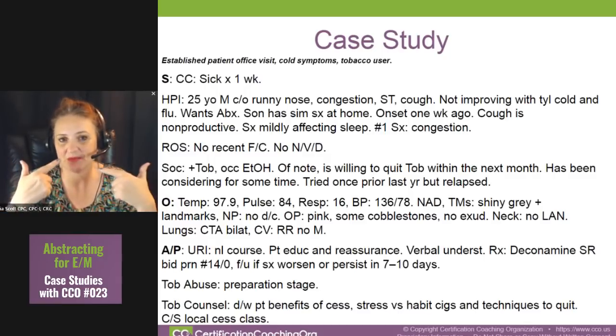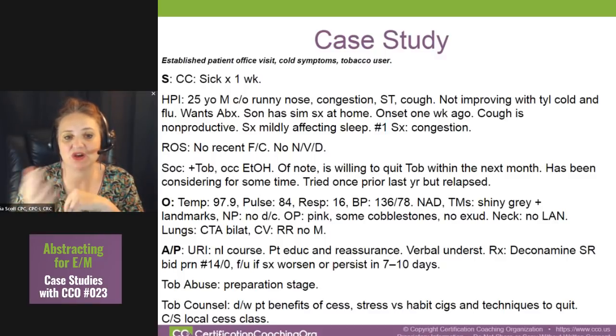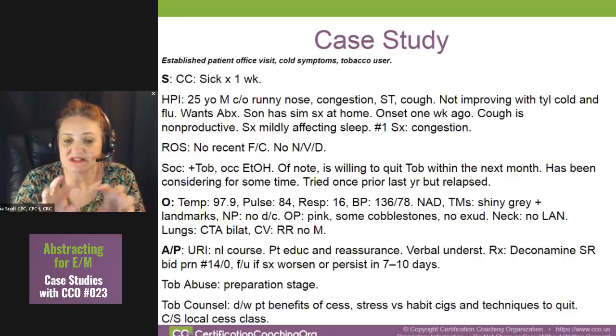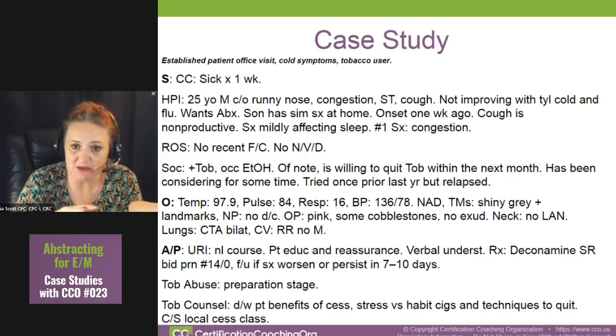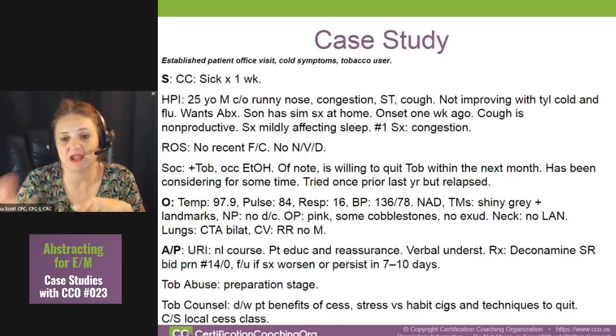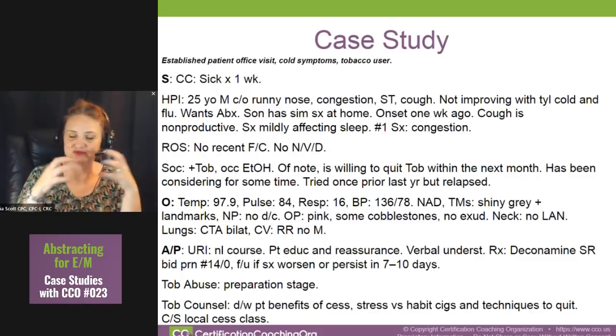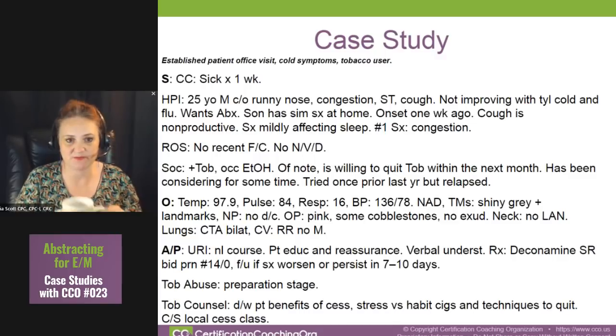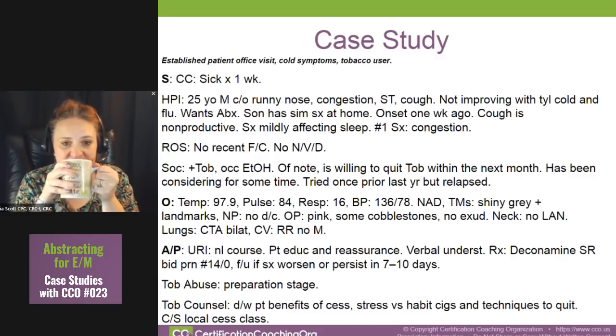You can't sleep because you can't breathe through your nose usually, and you're draining, and your throat gets sore. And then we also have congestion. So it is mildly affecting sleep, but anytime you have congestion when you go to bed, you lay down and your nose feels like it just swells up, right? Then we have a review of systems.